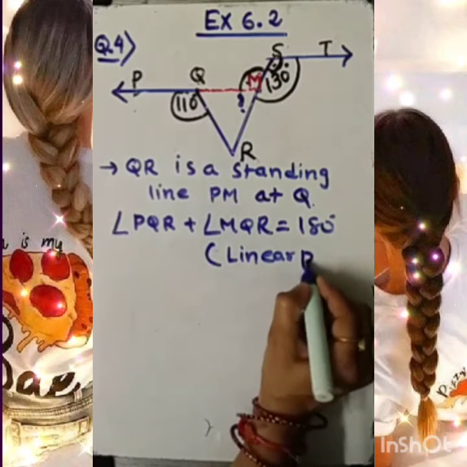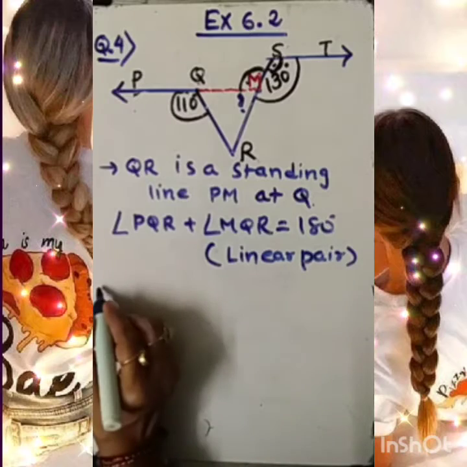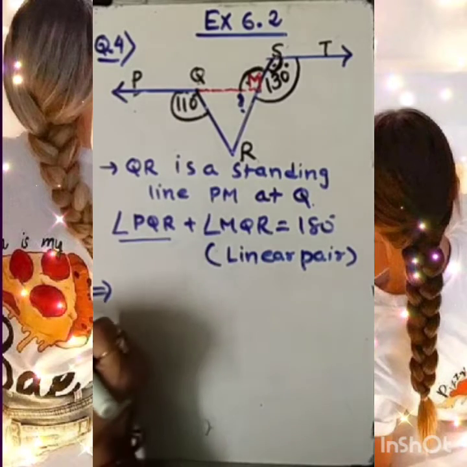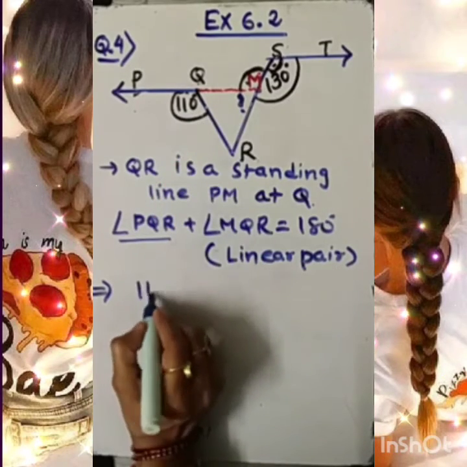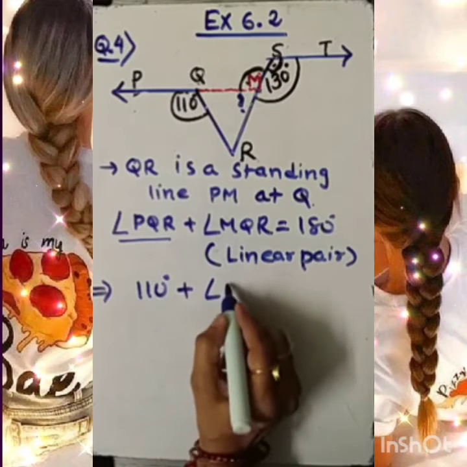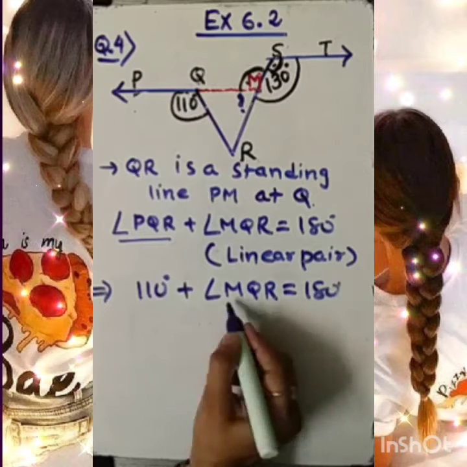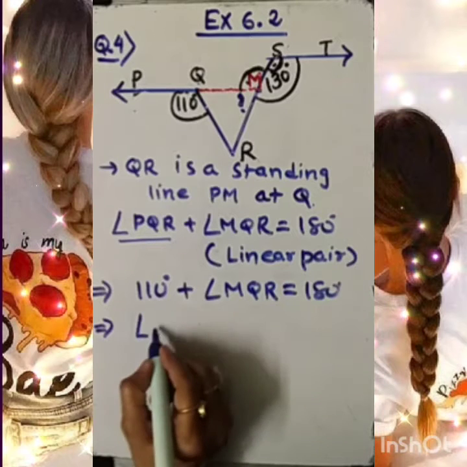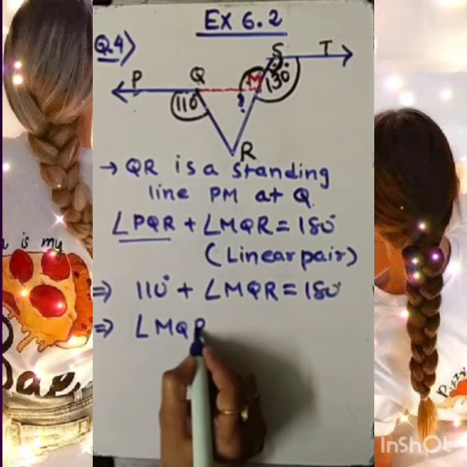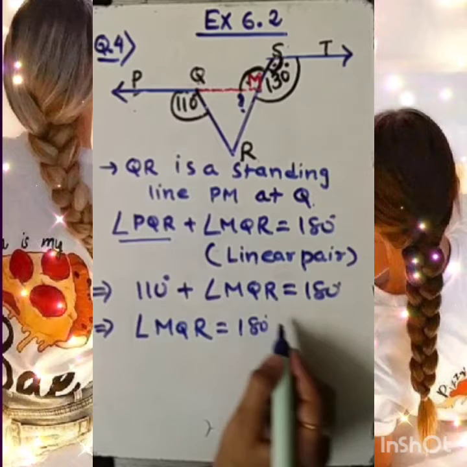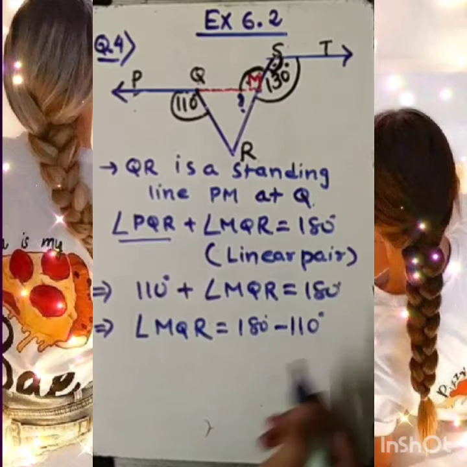Okay. And out of these two angles, one of the angles, its value we are knowing, 110 degrees. So let me note down, this is 110. So what will be the value of angle MQR? Let's make it the subject. Then MQR will be 180 minus 110.